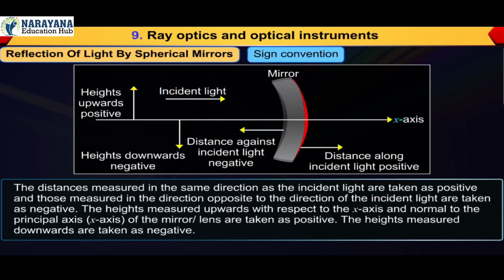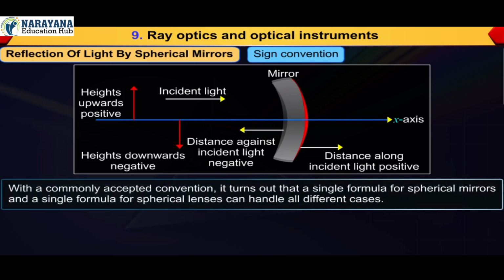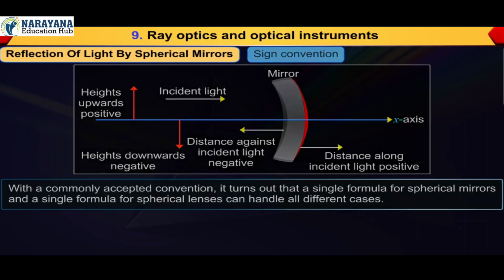The heights measured upwards with respect to the x-axis and normal to the principal axis of the mirror or lens are taken as positive. The heights measured downwards are taken as negative. With a commonly accepted convention, it turns out that a single formula for spherical mirrors and a single formula for spherical lenses can handle all different cases.